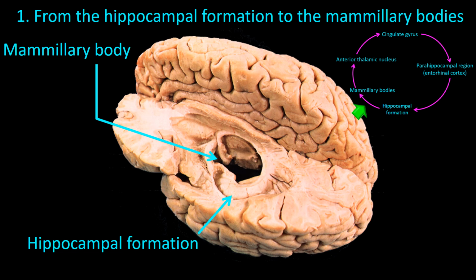The pathway between these structures is the fornix. This way, the hippocampal formation fibers connect with the ipsilateral and contralateral mammillary bodies by the right and left fornices exchanging fibers at the commissure of the fornix.